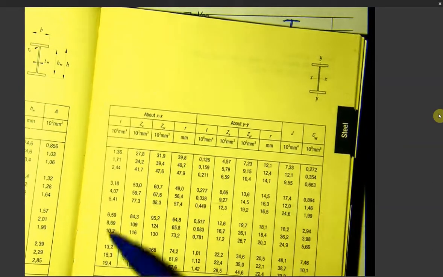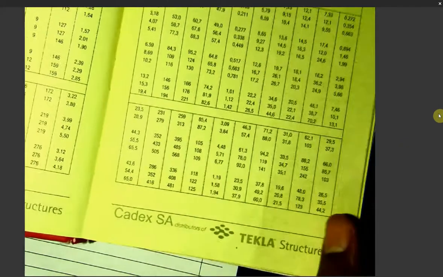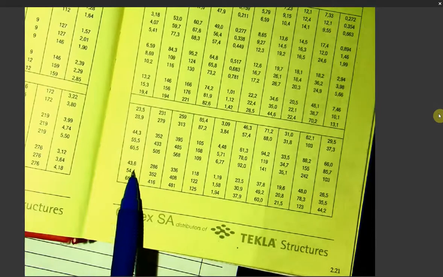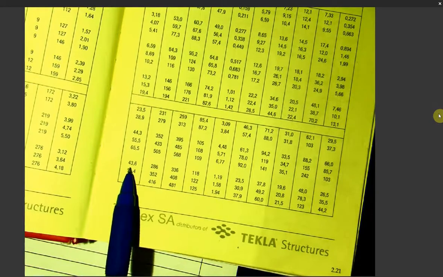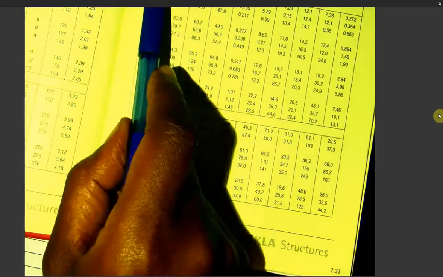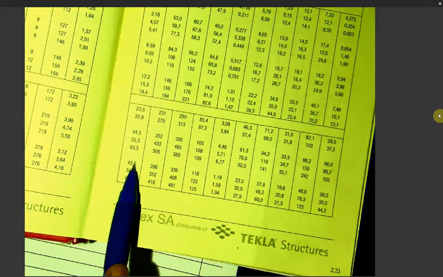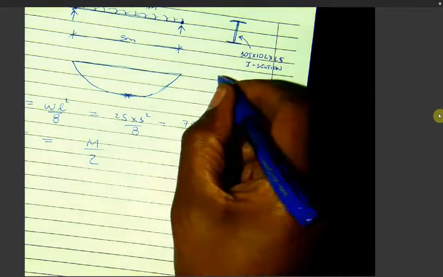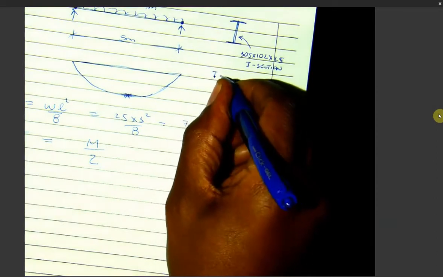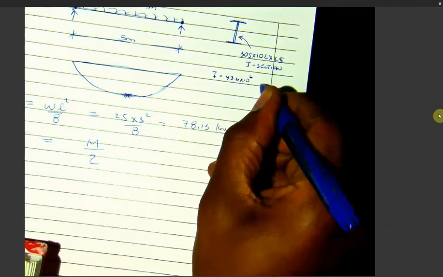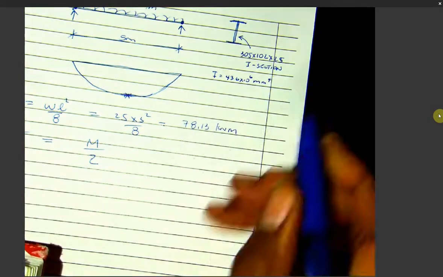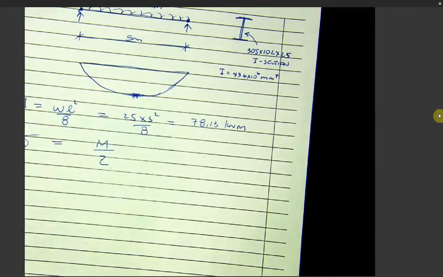If you go across like this, your I-XX for that section, if it's bending about x, is 43.6 times 10 to the power 6 millimeters to the power 4. That is your I for that section.